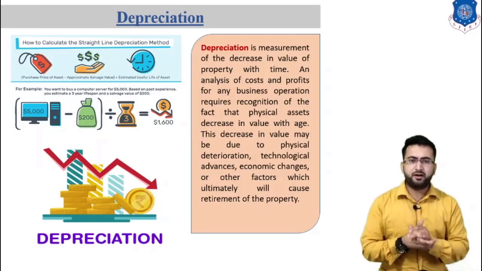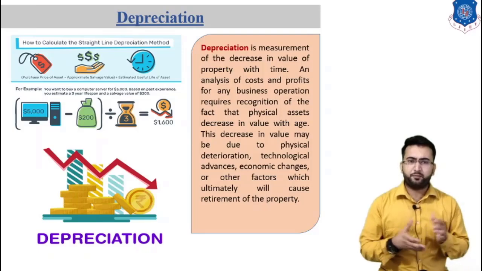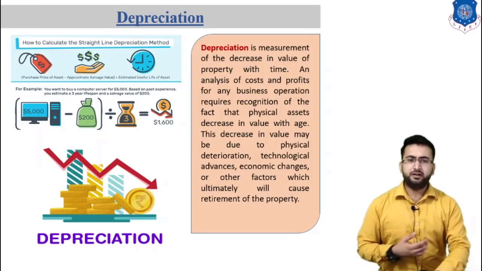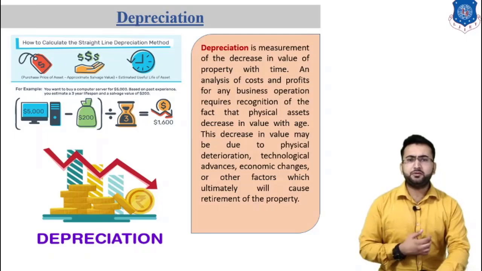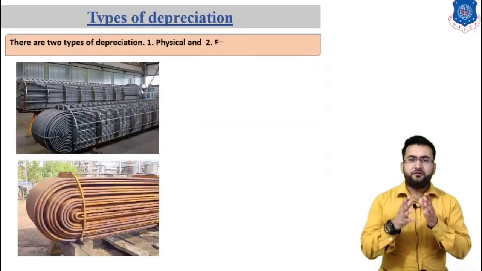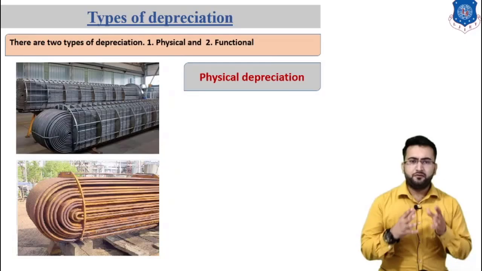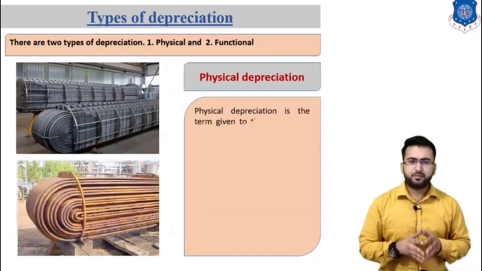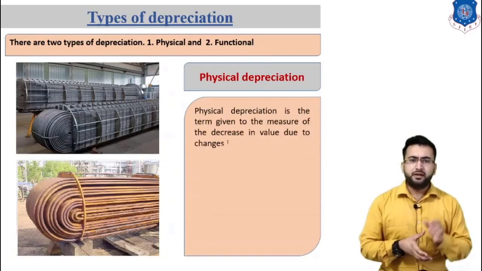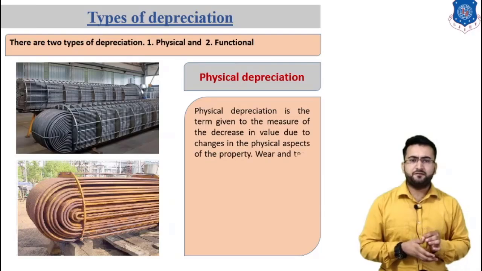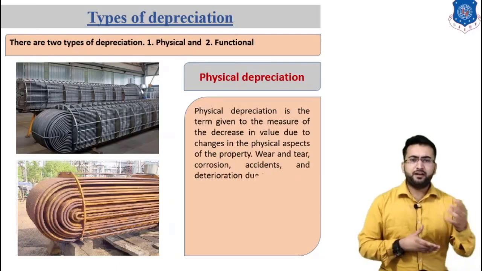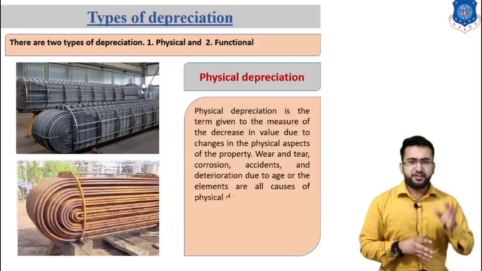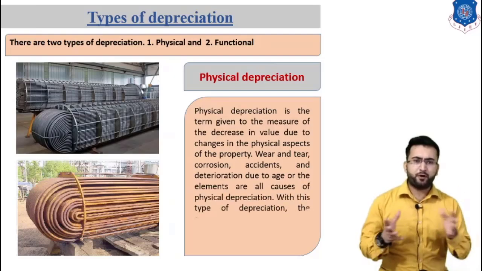Depreciation is a measurement of decrease in value of any property with change in time. There are mainly two types of depreciation: physical depreciation and functional depreciation. Physical depreciation is the term given to the measurement of decrease in value of any product due to a change in the physical aspect of the property.